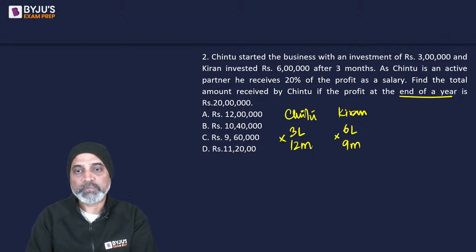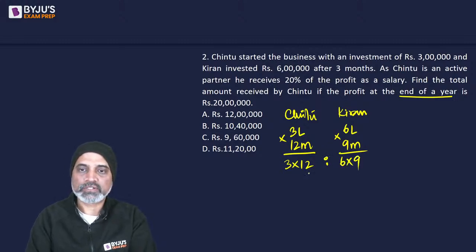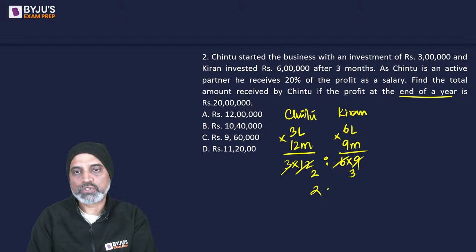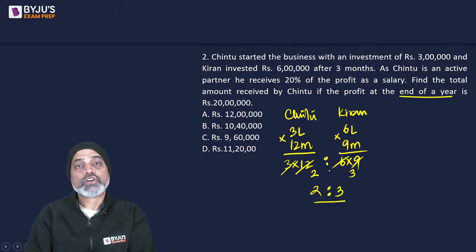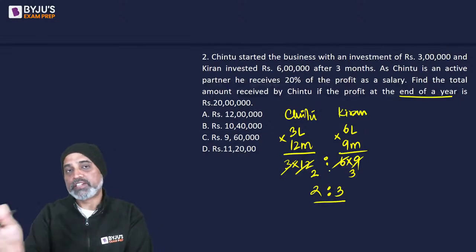So we will take the product of investment and duration, right? So this is 3 into 12 and this is 6 into 9, which will give us twice and thrice. So 2:3, right? So the profit will be divided in the ratio 2:3.